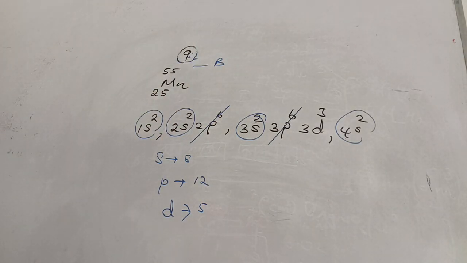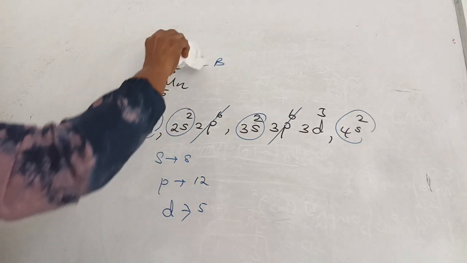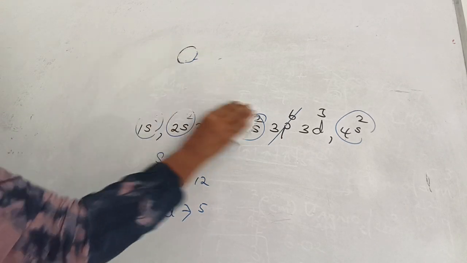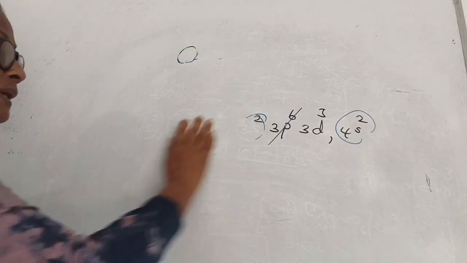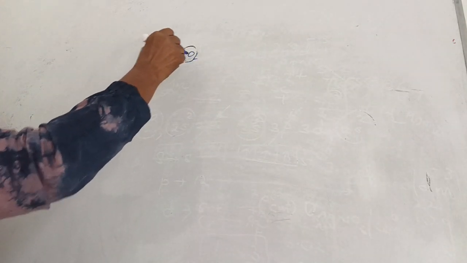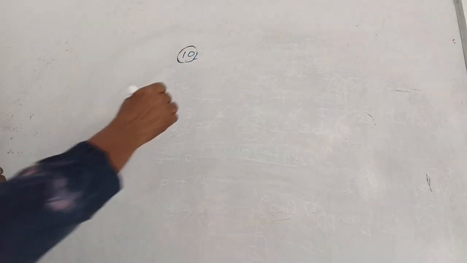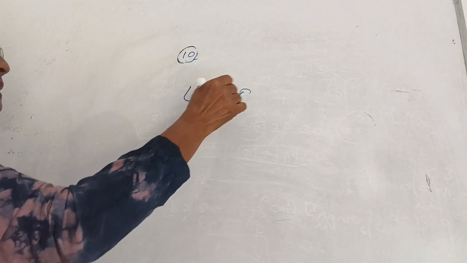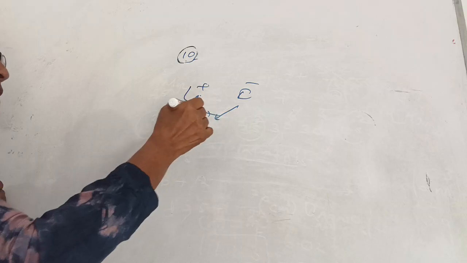Moving on to question number 10, regarding the lithium iodide structure. Lithium iodide is an ionic compound, so obviously it contains electrostatic forces of attraction between lithium ions and I minus ions, as opposite charges are present.